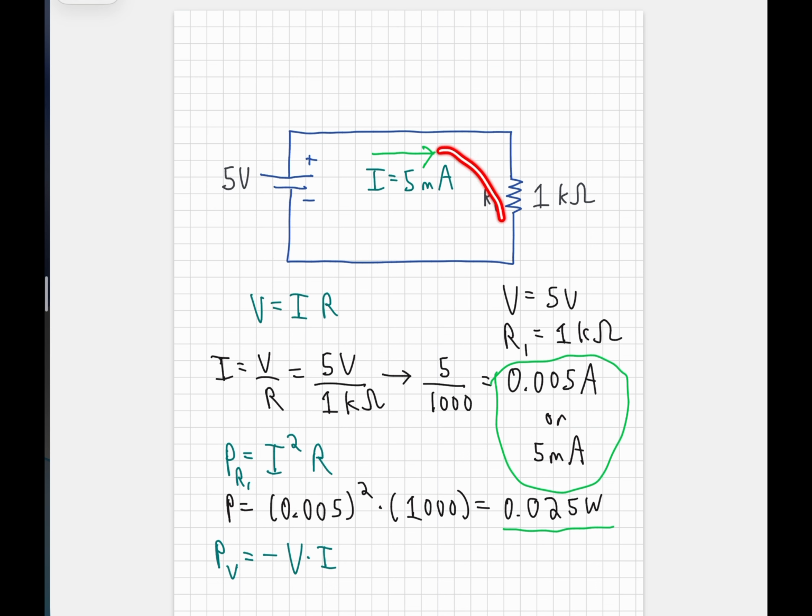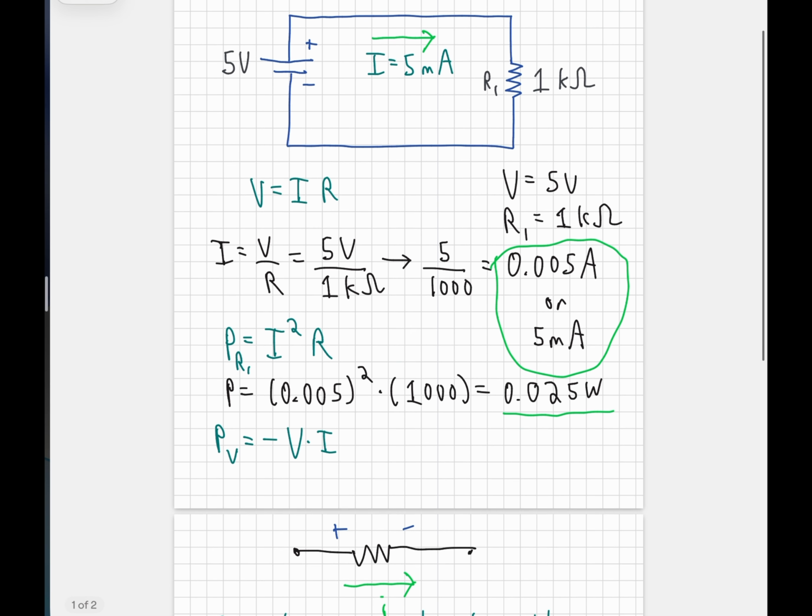When current travels through this, you can see that the current goes from negative to positive this way. So anytime current goes from a negative to a positive, that's like a voltage drop also, but it's a negative voltage drop, which is where this negative sign comes from. So you've got a negative voltage drop right there.